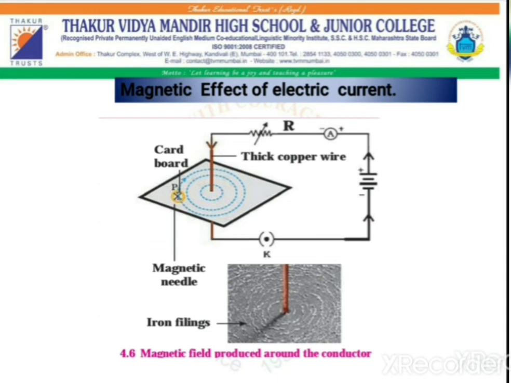That indicates that the magnetic field is formed surrounding the wire. That can be clearly seen with the help of this particular activity. So whenever current passes through the wire, a magnetic field is formed surrounding the wire. So that is about the magnetic effect of electric current.